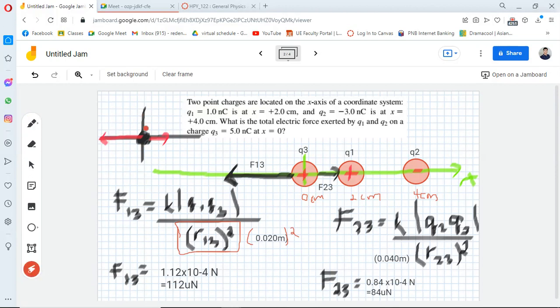So in order for you to get the vector sum of this, you need to specify the direction. F13 is a negative value while F23 is a positive value, right?